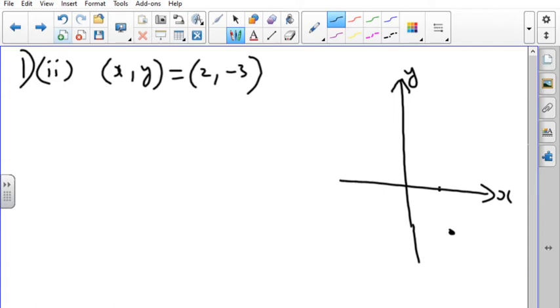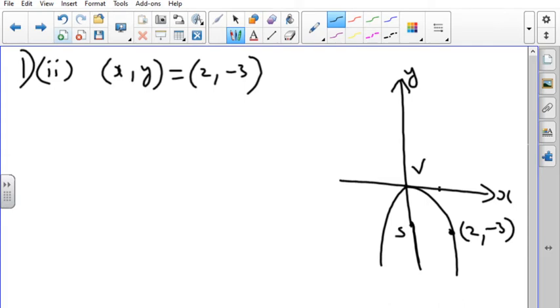It passes through the point, and it is given that it is symmetric about the y axis. So definitely it will be like this. This point is (2, -3) and this is the vertex, and you will have the focus inside, so somewhere here you can take the focus.